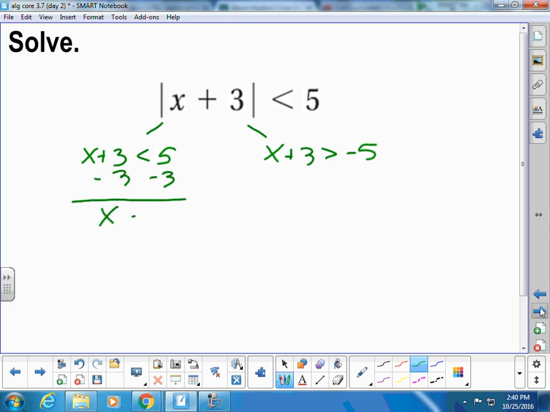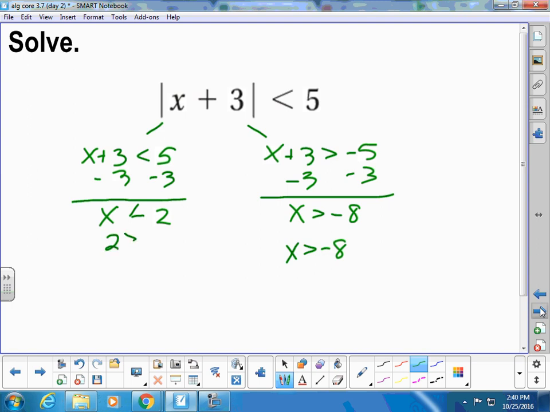I get x is less than 2. Subtract 3, subtract 3. I get x is greater than -8. So I can write this in one equation. X is greater than -8. If I flip this one around and put the 2 here, this would happen.